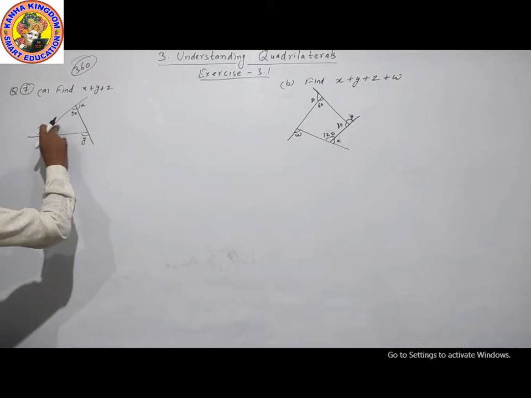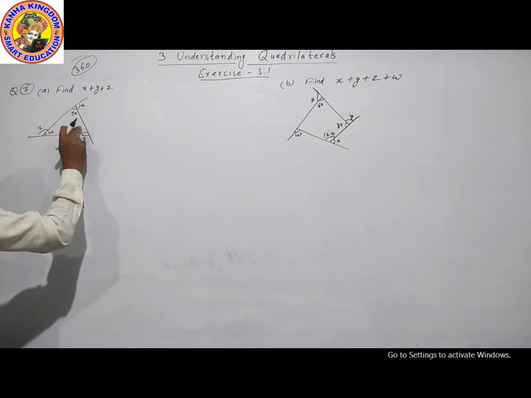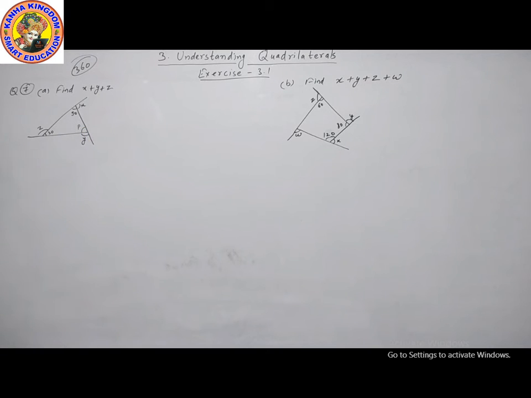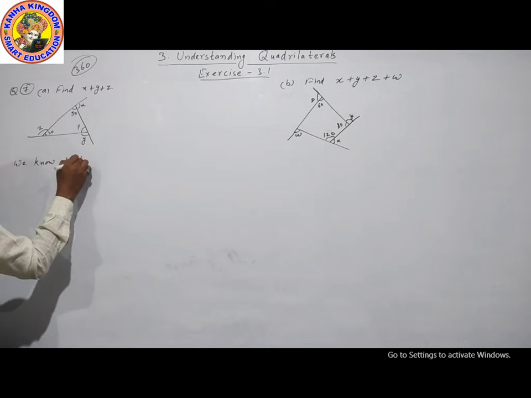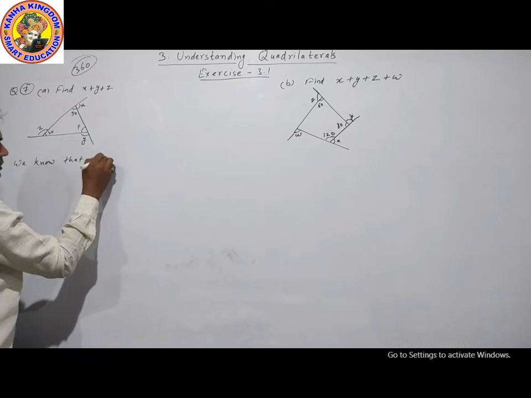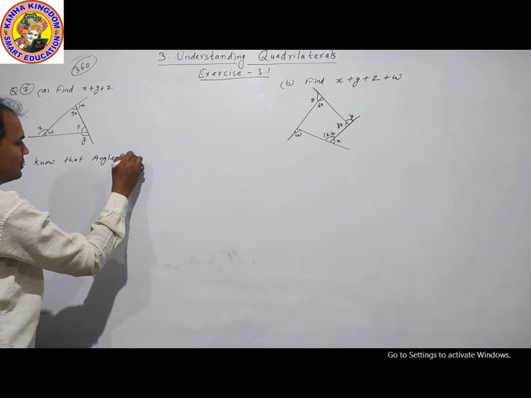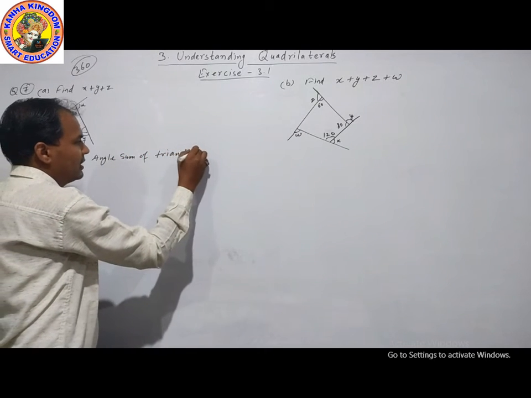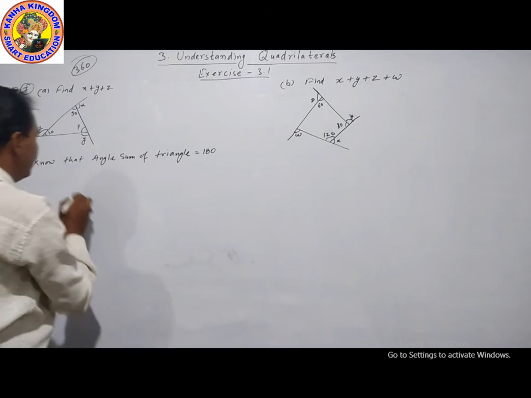First of all, this is a triangle. In this triangle, the third angle is missing, so we will name this angle P. We know that the angle sum of a triangle is 180.